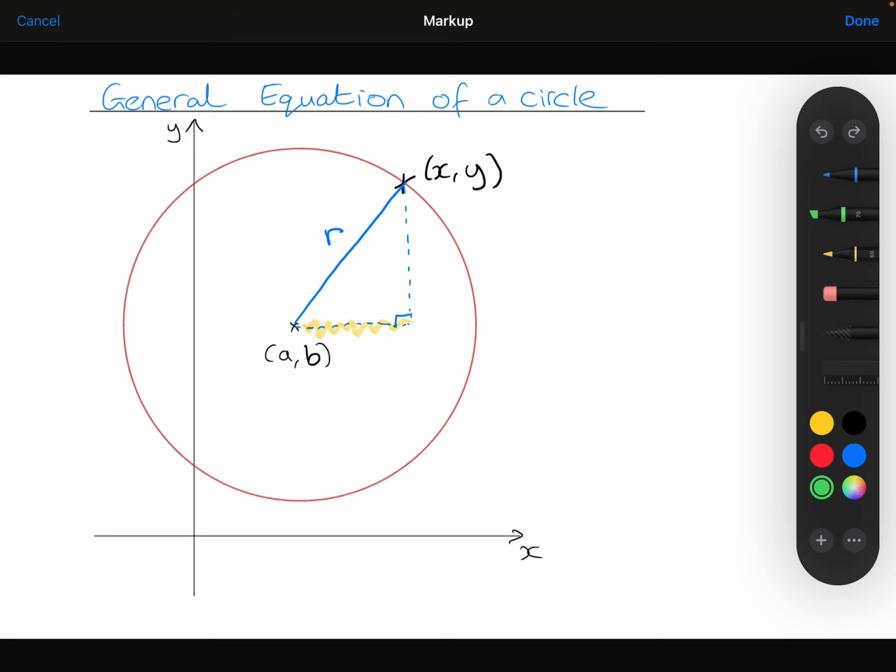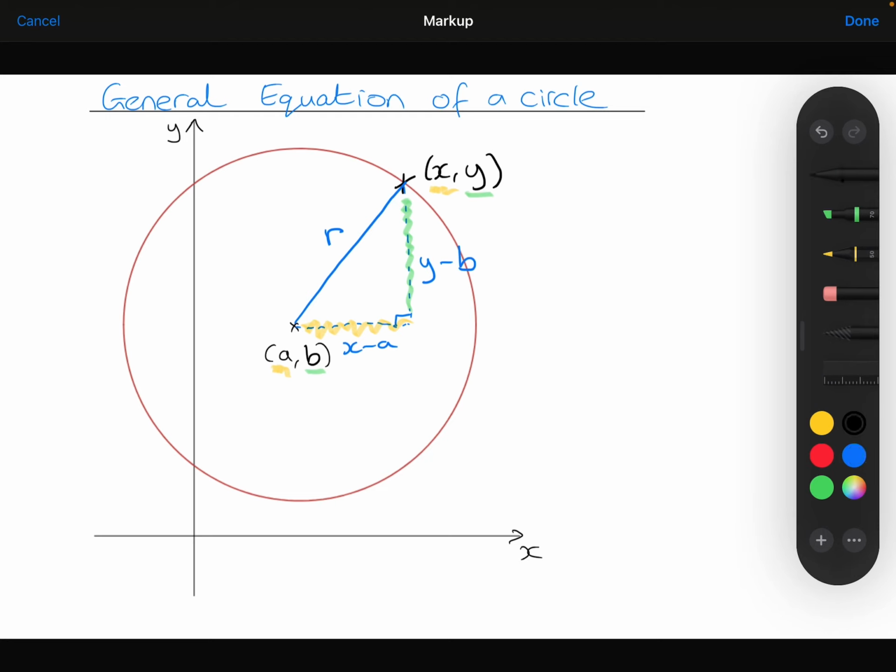I can work out that yellow length because it's going to be the difference between the x and the a, so x minus a. I can work out the green length here because it's going to be the difference between the y coordinates, the difference between y and b.